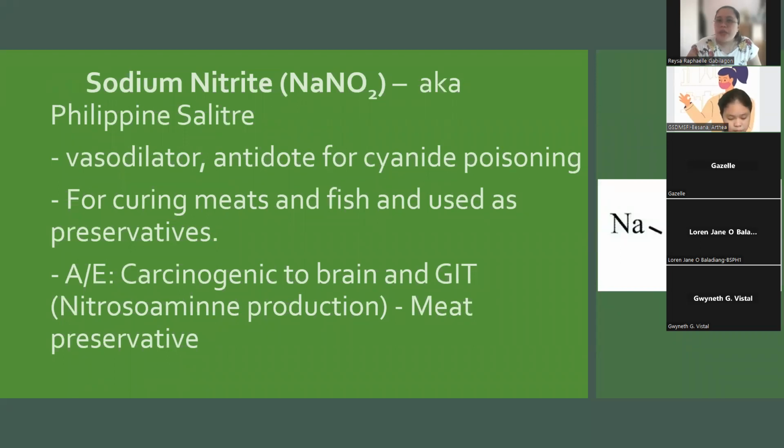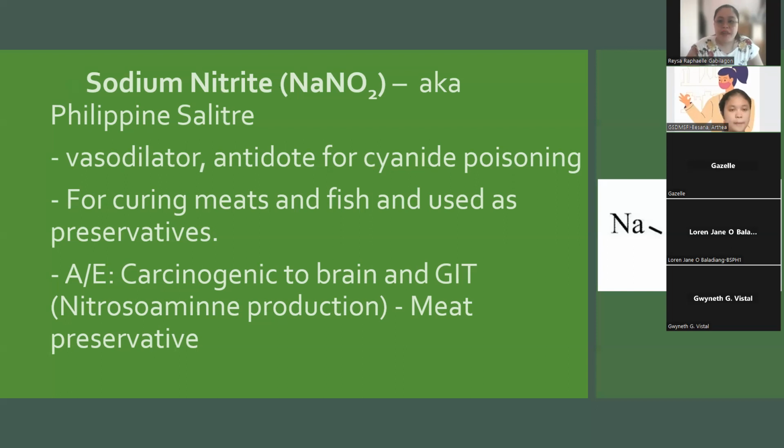And actually, especially kapag naga-red or naga-orange yung meat, talagang sodium nitrite yan ang ginagamit. Okay? But I don't know if they still use this one nowadays because I think the Food and Drug Administration and the Department of Health already banned this one as a preservative because studies showed that it can cause cancer.